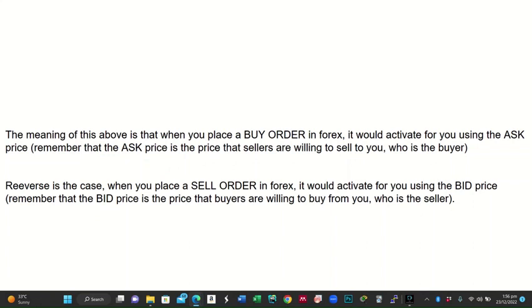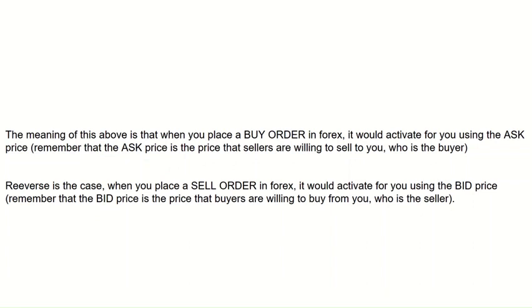In the forex market, your broker is the one that gives you access to the financial market. So if you are placing a buy order, it means you are the buyer. The order will be activated for you using the ask price because the brokers are the ones selling to you. So your brokers are the sellers, and they will activate it for you using the ask price, which is their selling price.